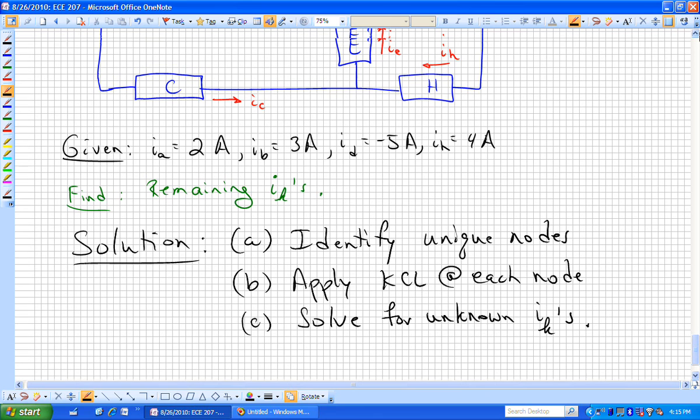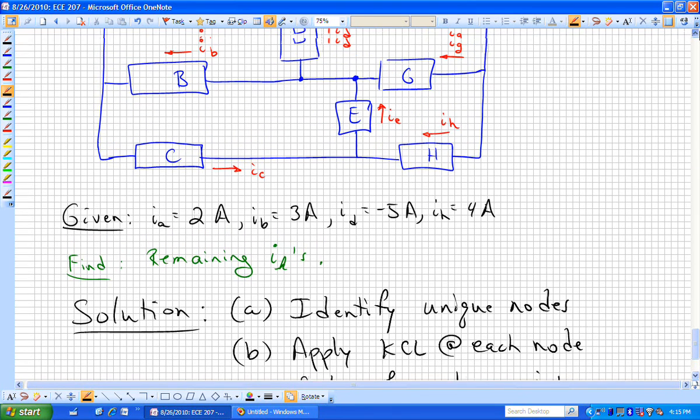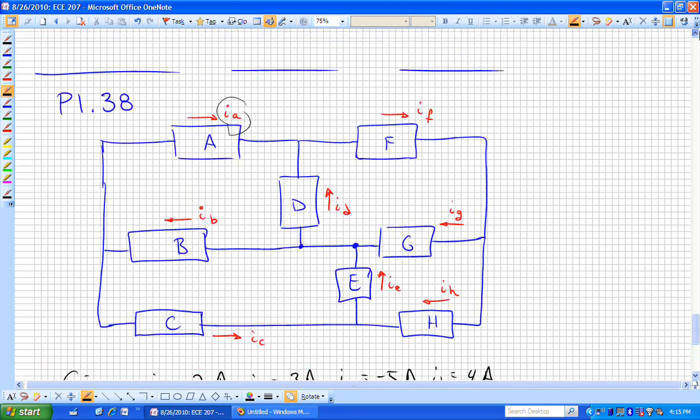If I go back and identify some nodes, is that a node? That's okay for a node. This is actually just one node, isn't it? Let's call that 2. Here's another node.